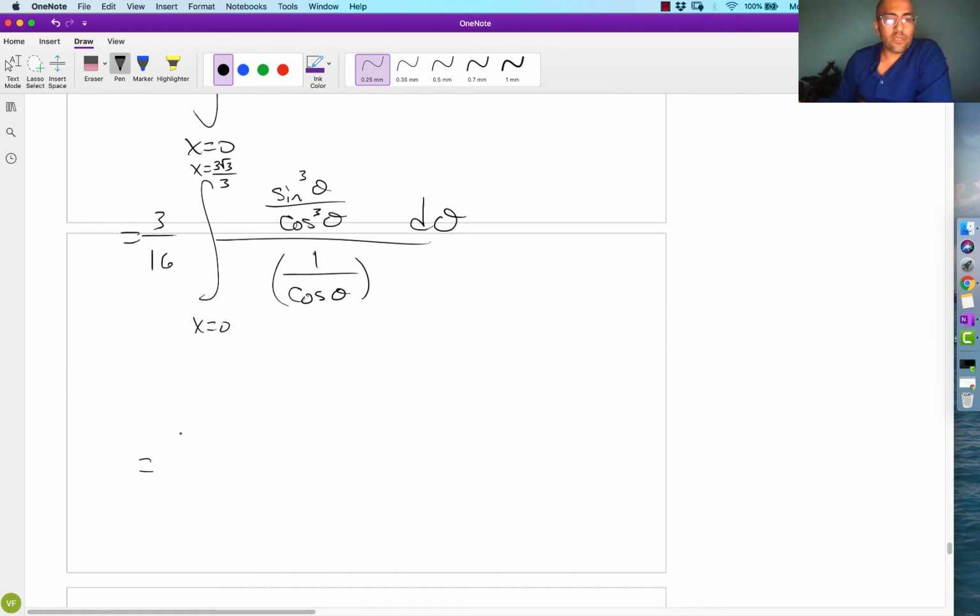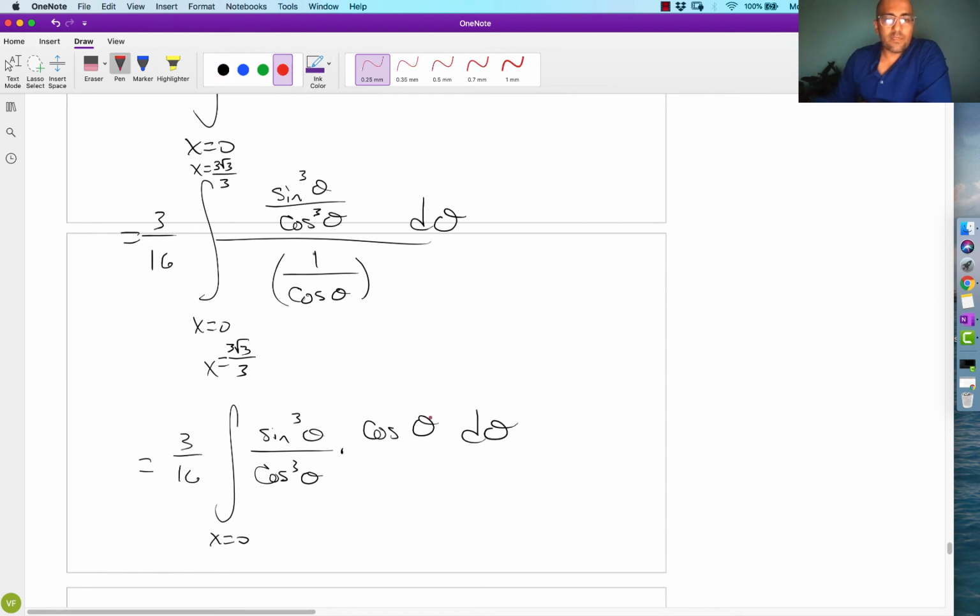So this will reduce into 3 over 16 integral as x goes from 0, x goes to 3 root 3 over 3, sine cubed theta cosine cubed theta times cosine theta d theta, which means that this guy cancels with one of those and I have a little squared guy there. Good. Let's deal with these limits of integration now.